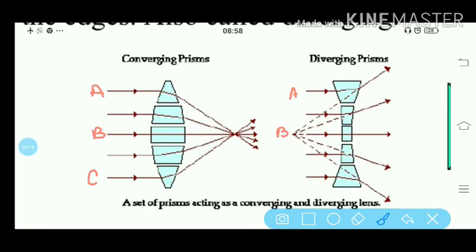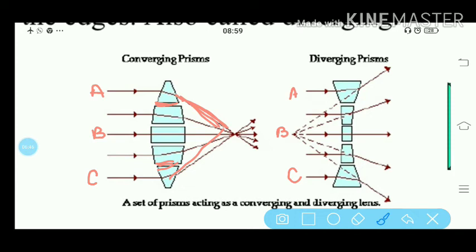We know that a ray of light incident on a prism, on refraction, always bends towards the base of the prism. Suppose this is the base, so the refracted ray bends towards the base. The same happens to the ray C also. It bends towards the base of the prism.